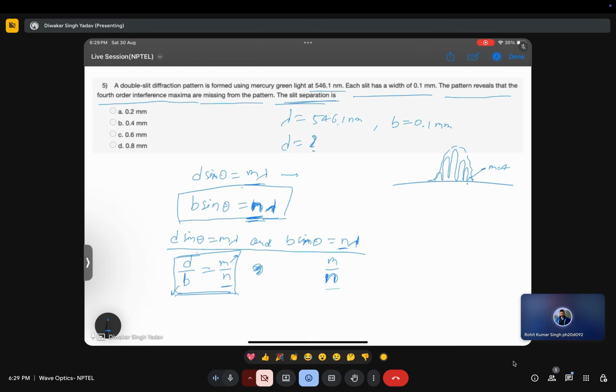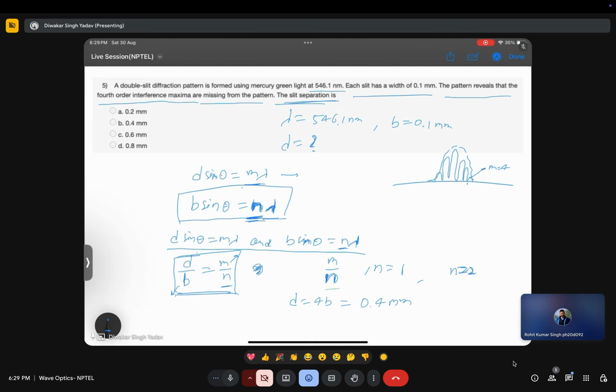Okay, so let's first take n equal to 1. What happens then is you have d equal to 4b, which will be 0.4 millimeter. Now we can also take n equal to 2. So let's see what happens when you take n equal to 2.